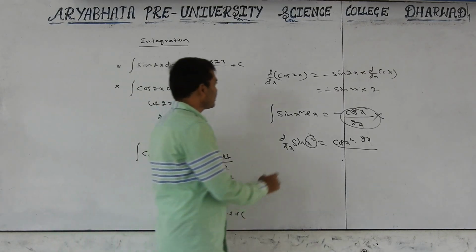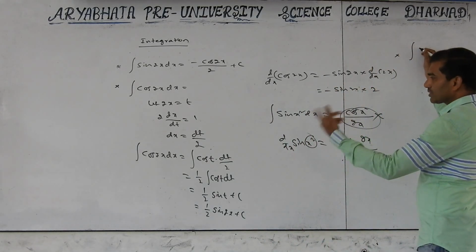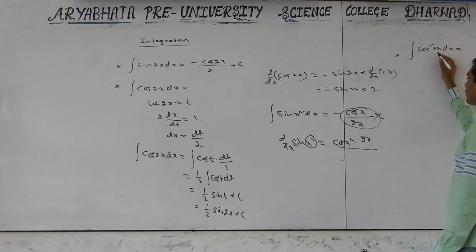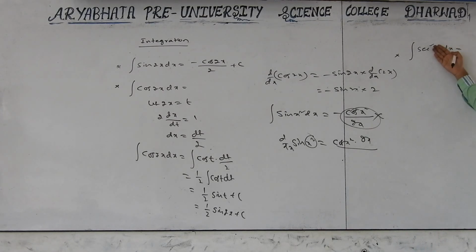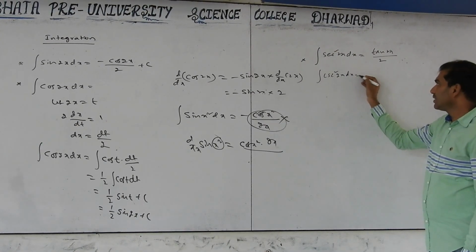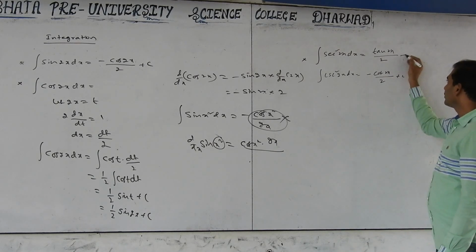Okay. Next, tell me integration of sin 2x cos 2x over secant square 2x. Secant square x integration is tan x, so tan 2x by 2. Integration of cosec square 2x dx is minus cot 2x by 2.